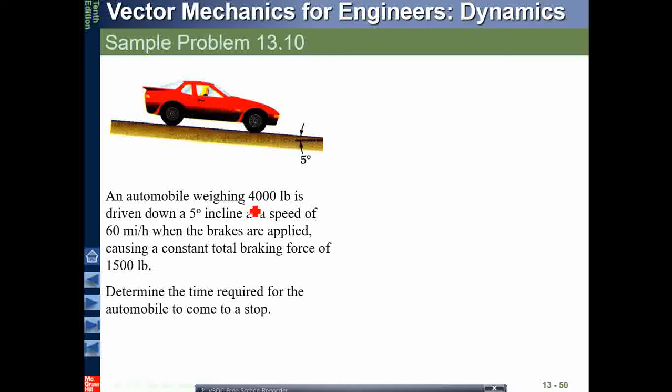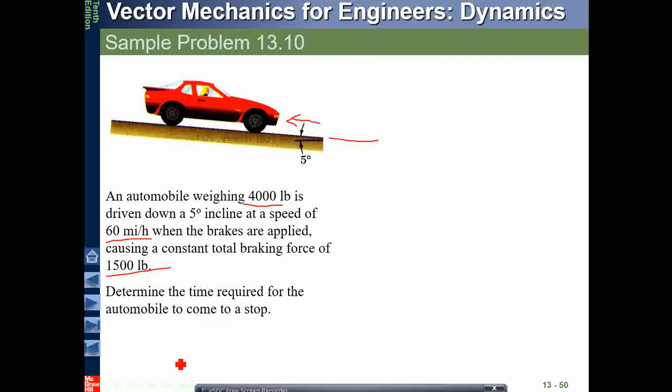This was the weight of the automobile, and it is being driven down the slope, with an inclination of 5 degrees, at a speed of 60 miles per hour. During this movement, brakes are also applied. So a constant braking force of around 1500 pounds.